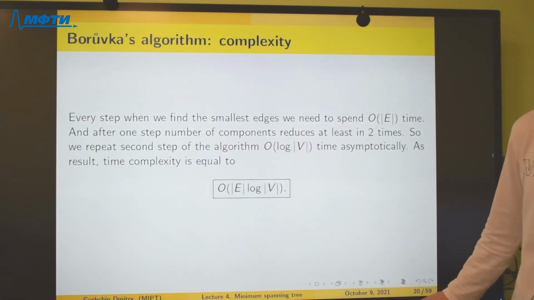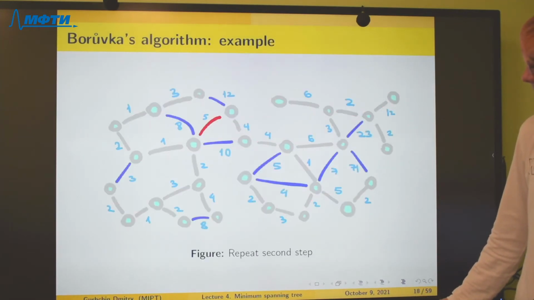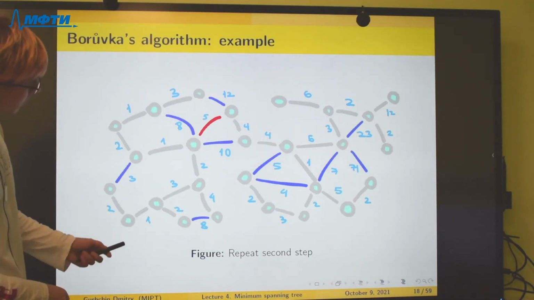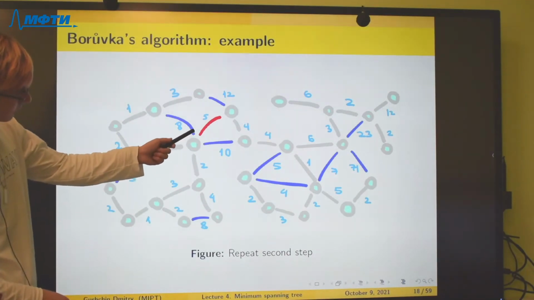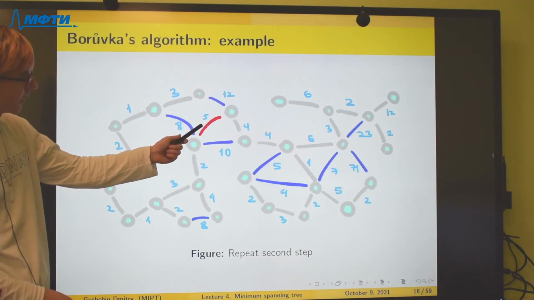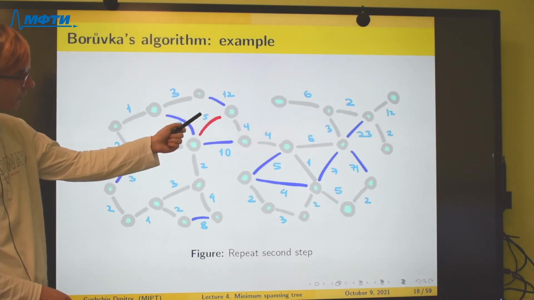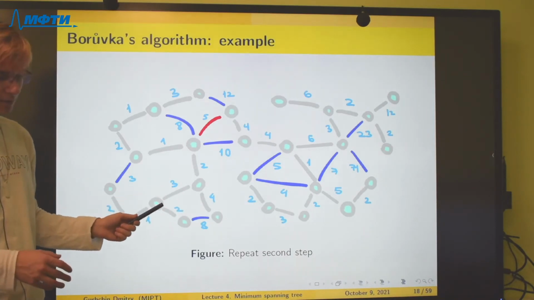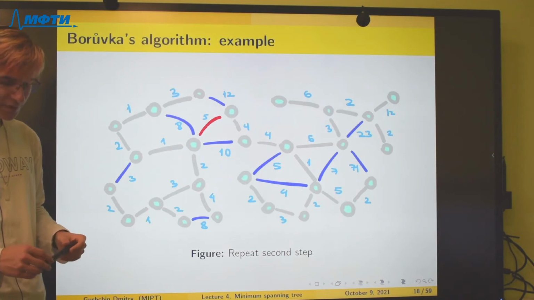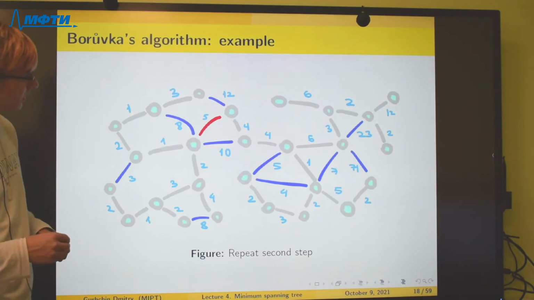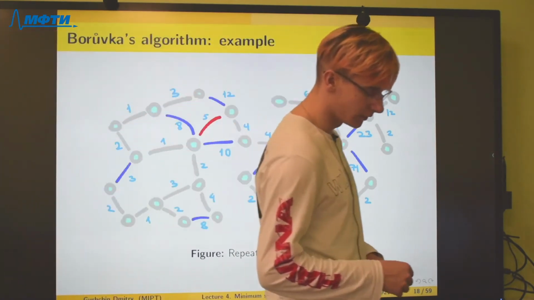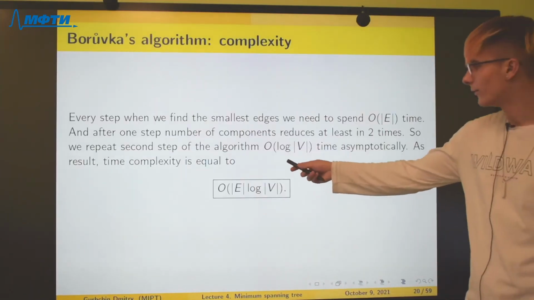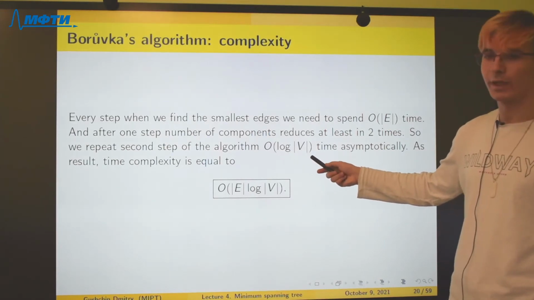Firstly, we can say that in each step we repeat finding the edge with the minimum cost for every component. And the number of steps is asymptotically O of logarithm of the number of vertices.